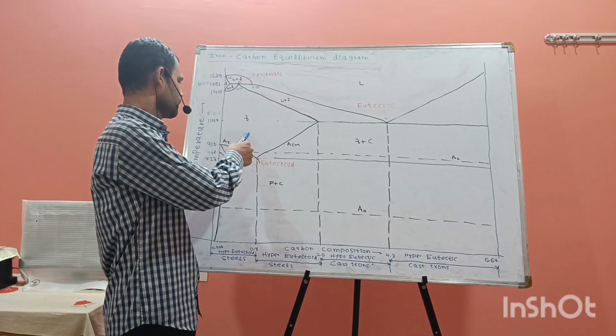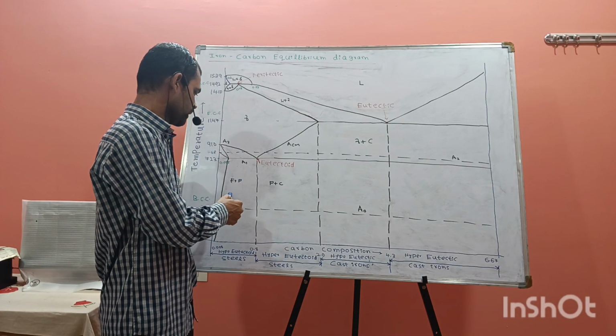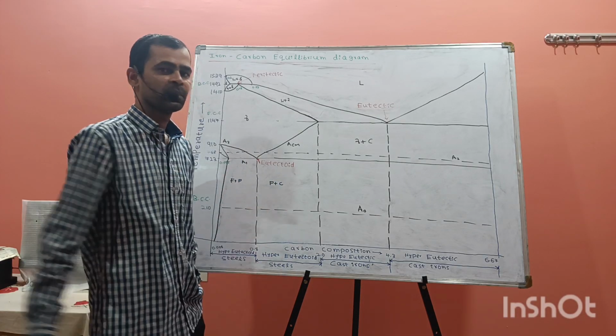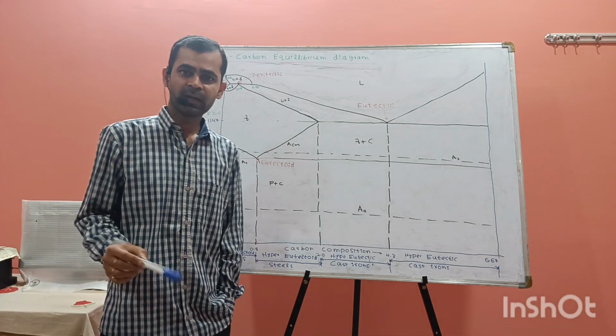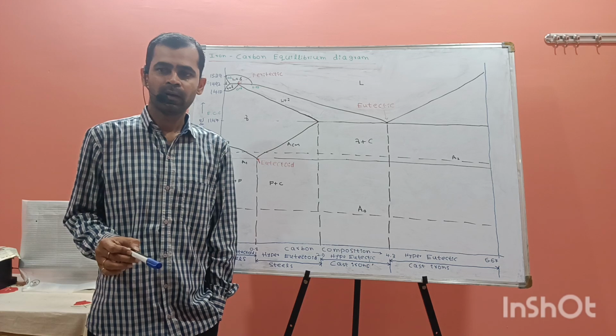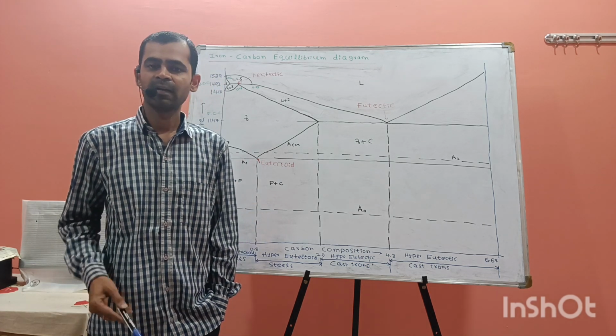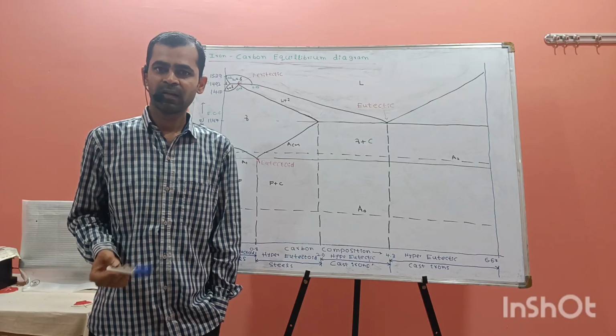So austenite will be decomposed into ferrite plus cementite. Ferrite is nothing but alpha iron, and the eutectoid mixture of ferrite and cementite is called pearlite.